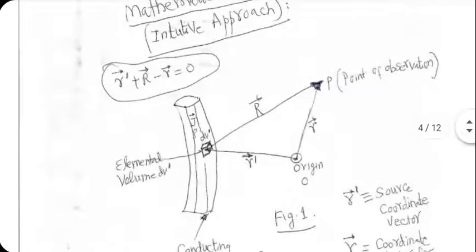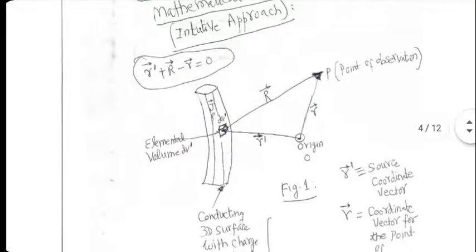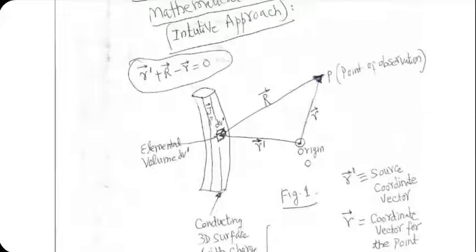Let's assume that we have a 3D conducting surface carrying a charge density on its surface, a charge density inside it and a current density on the surface. Take a small elemental volume.